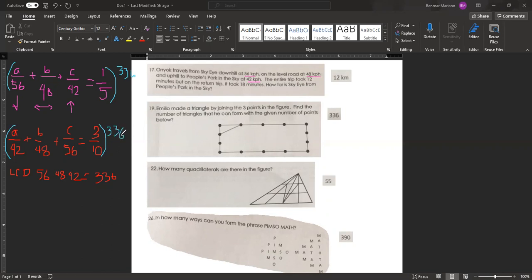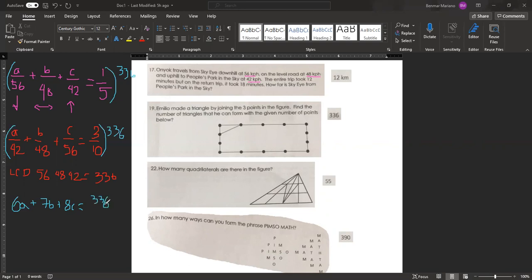Now, simplifying that one, we will get, for the first equation, 6A plus 7B plus 8C is equal to 336 over 5, because 336 times 1 over 5 has no lowest term.